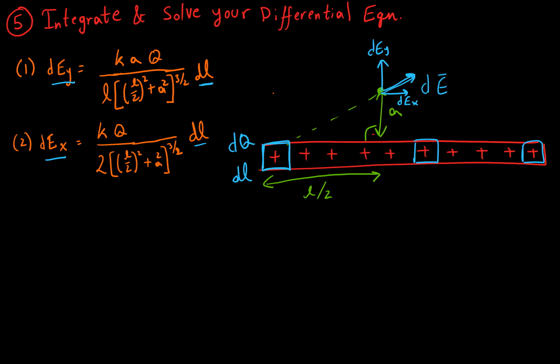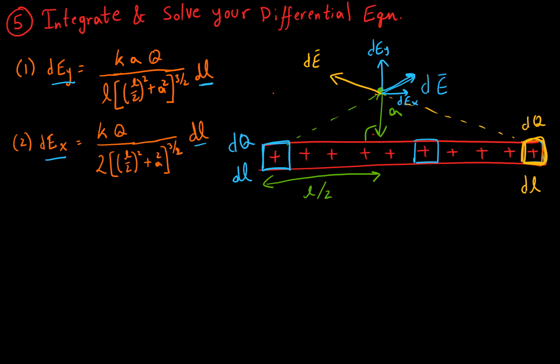But at the same time, suppose we consider another charge, or let's say this charge all the way over here. This dq at that arbitrary infinitesimal length dl. It's basically the same as the first one we chose, just on the opposite end of the wire. So let's consider that electric field due to this. We see that we also get that differential electric field.